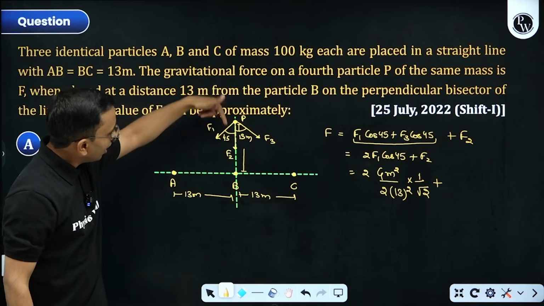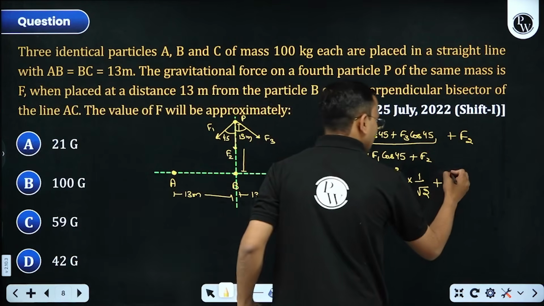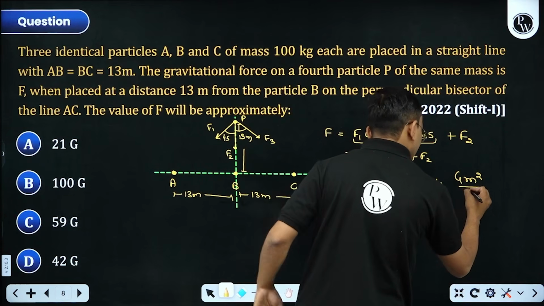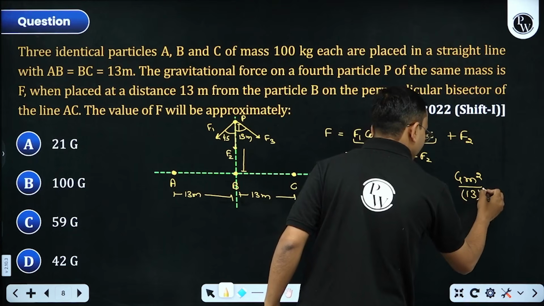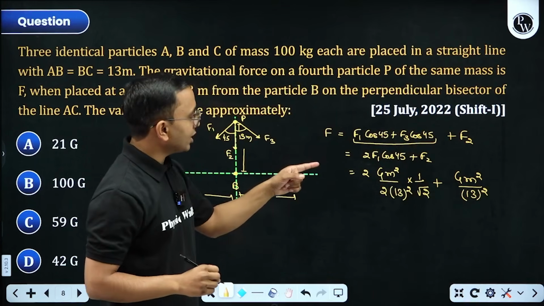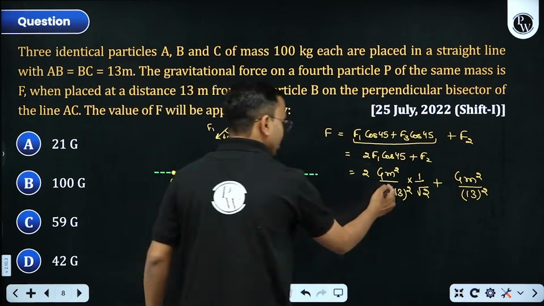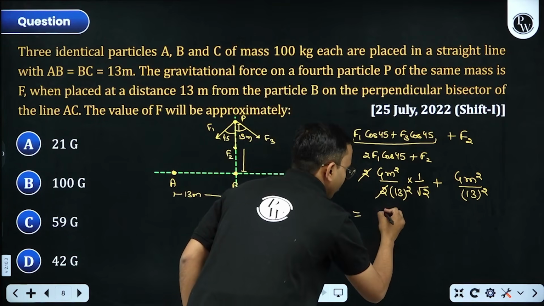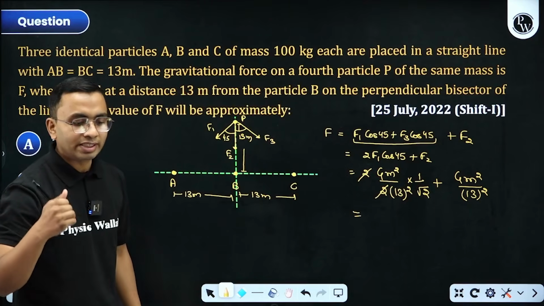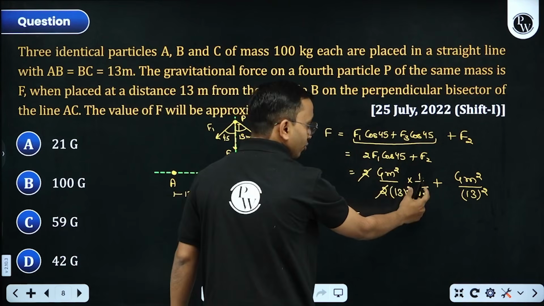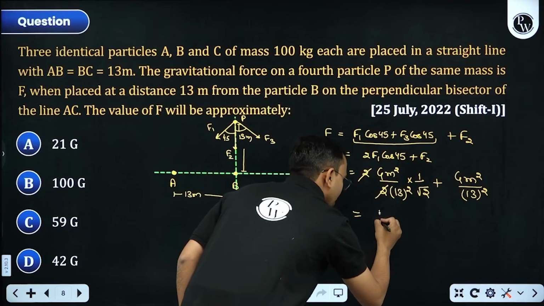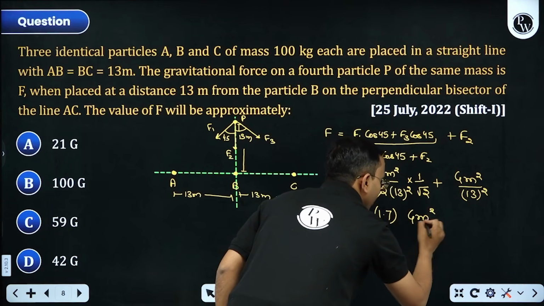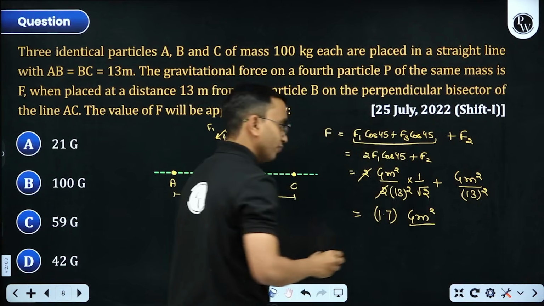F2 is G m square divided by the distance, that is 13, so 13 square. From here we take G m square by 13 square common. This 2 is getting cancelled, so this is 1 by root 2 plus 1. What is 1 by root 2? Nearly 0.7, so 0.7 plus 1 is 1.7. So 1.7 into G m square divided by 13 square, which is 169.